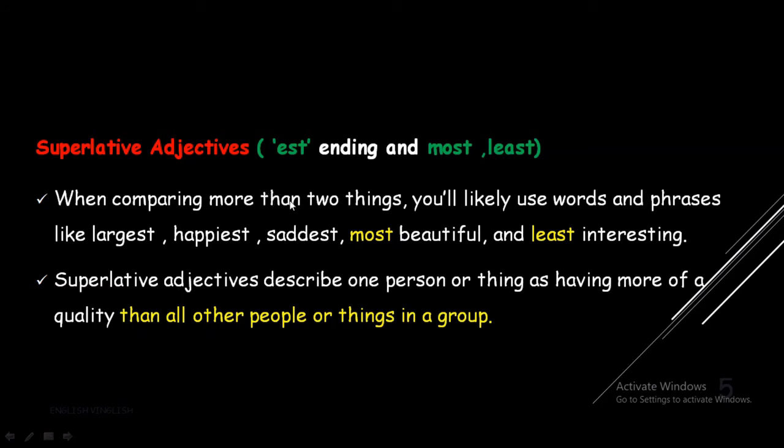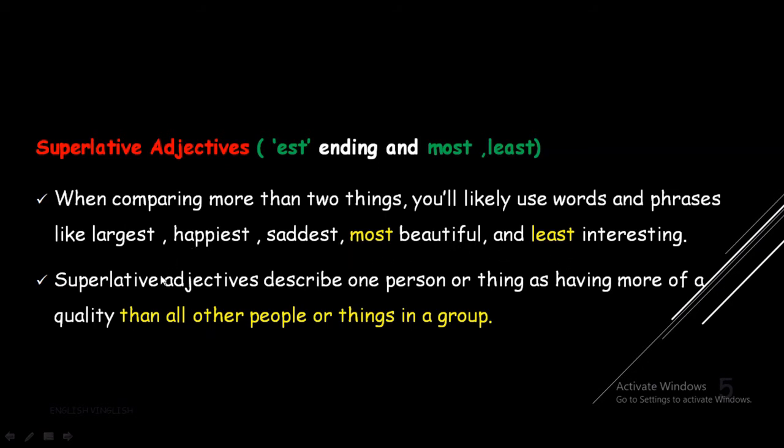When comparing more than two things, we use superlative adjectives. We use words and phrases like large, larger, largest; happy, happier, happiest; sad, sadder, saddest; most beautiful, and least interesting.